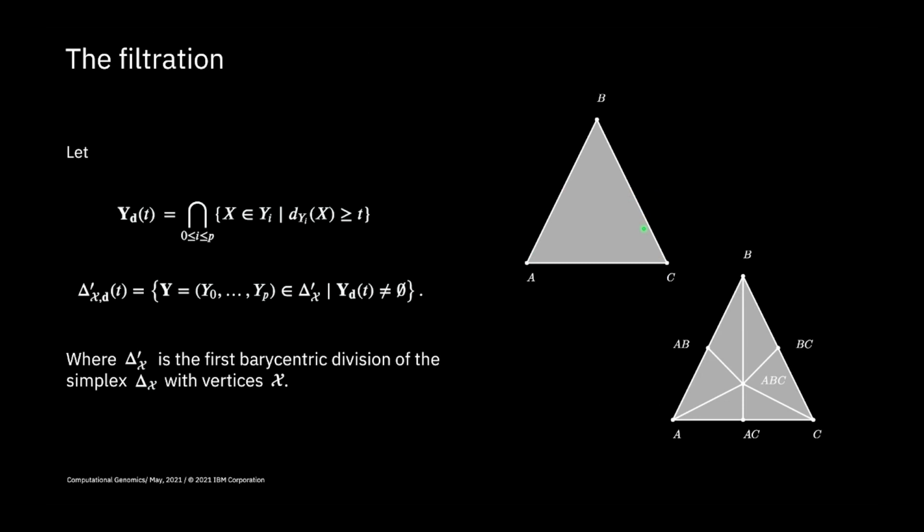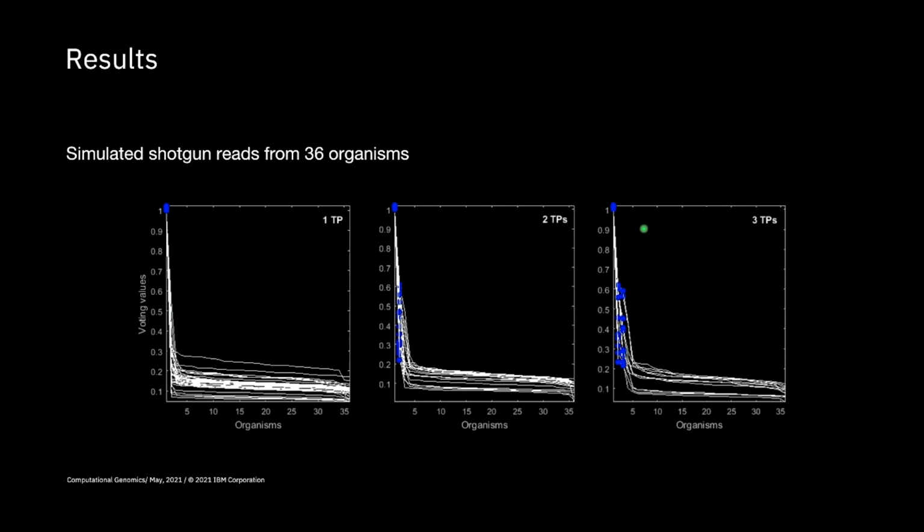So there are other things to note here. Once we compute the persistent homology of the simplicial complex that we get there, we want to map each one of the generators in homology, first of all, to a representative of this class, and then somehow map that to a single organism.